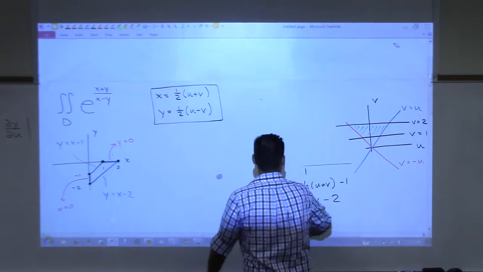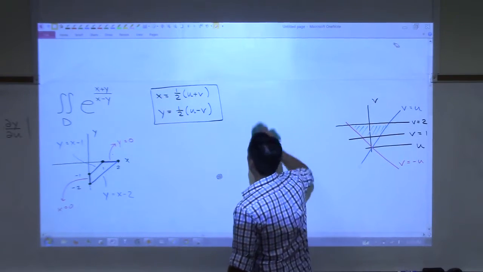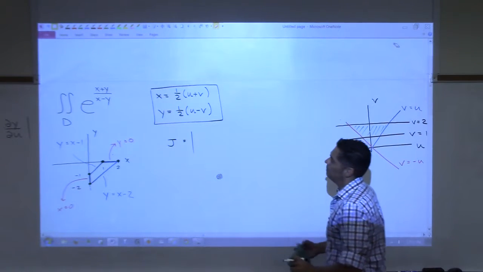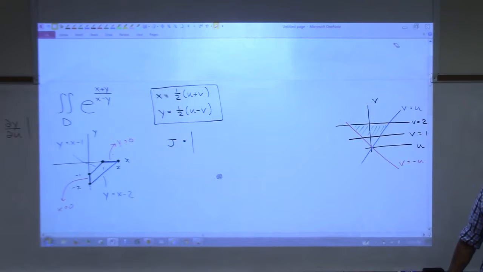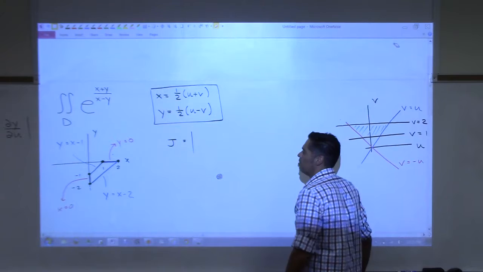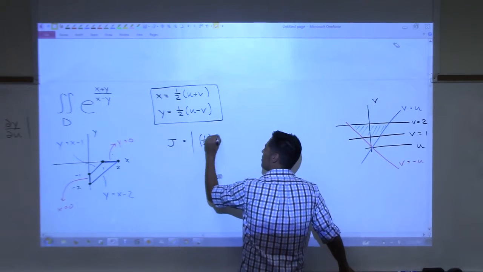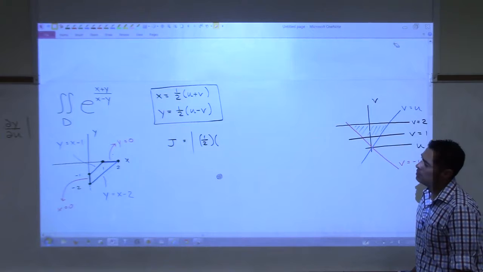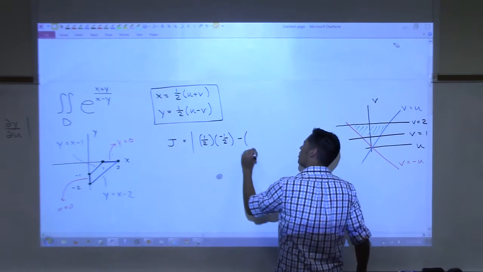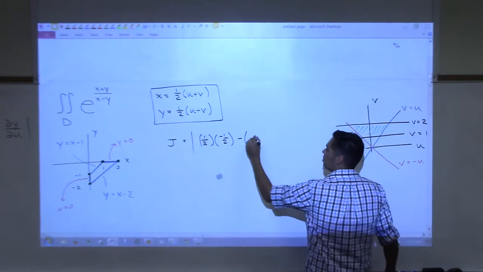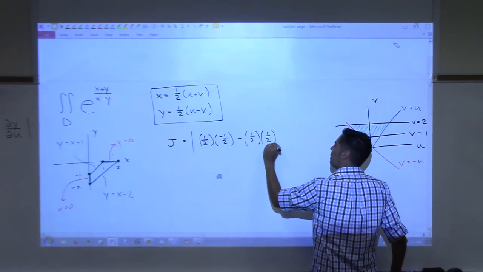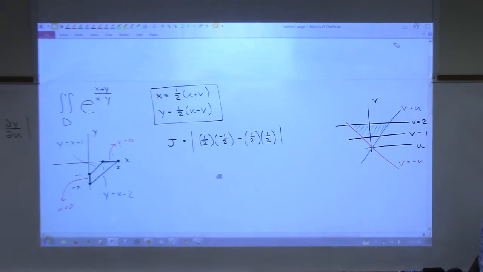So the Jacobian should be a constant, shouldn't it? Because it's a linear transformation. So we have the partial of x with respect to u, which is a half, times the partial of y with respect to v, which is negative 1/2, minus partial of x with respect to v, which is a half, times partial of y with respect to u, which is a half.